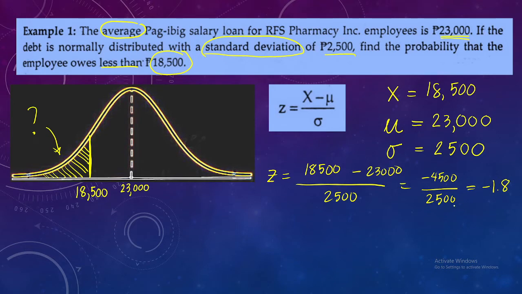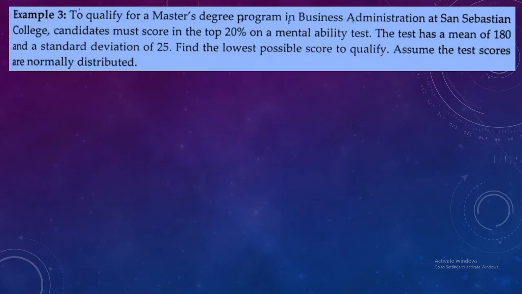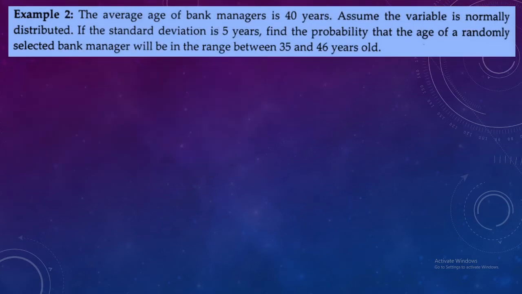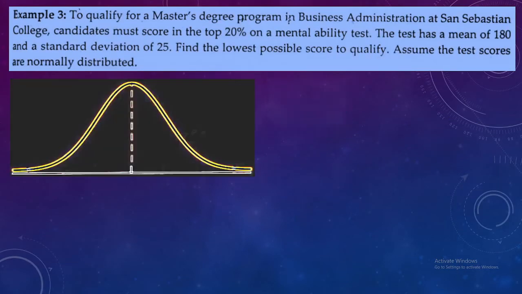So go to your Z table. 1.8 is how much? So if I'm going to go to the Z table for a while, what is the value of 1.8? So I have a Z table over here.